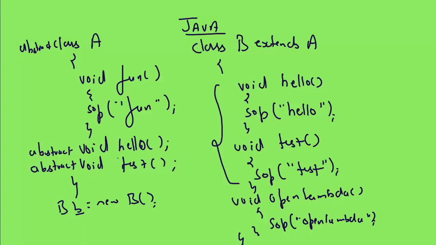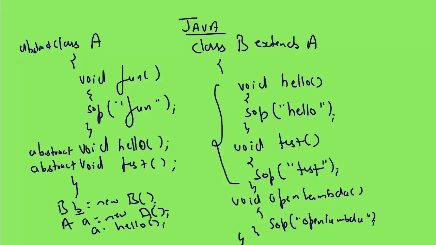Because it's an overridden method, these two methods refer to the object and get me the output. Okay, I can also go ahead and say A is equal to new B, right? Superclass variable pointing to subclass object. Okay, now A dot hello, the output hello will be printed. So this is pretty clear to you guys, I hope.